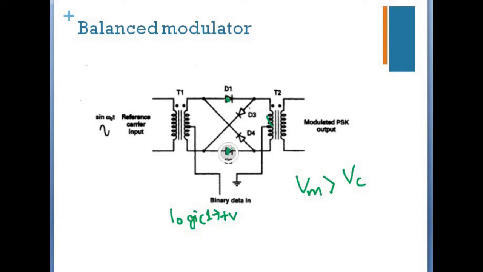As a result, the carrier developed across T2 is in phase with the carrier at T1. So there is no phase difference. Here the input signal is like this, and the output is also like this; there is no phase difference.